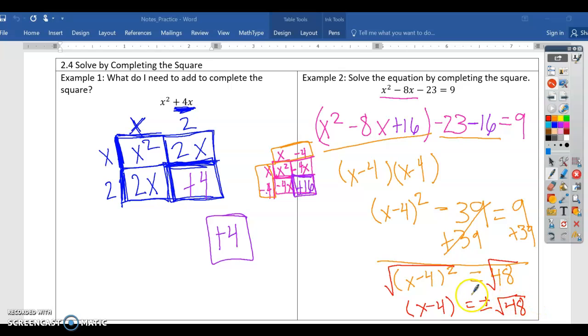Then the last step is to get x by itself. So I'm going to add 4 to both sides. So it's 4 plus or minus the square root of 48. Now we have to know that we can simplify this square root of 48 with a perfect square. Remember, your perfect squares are 1, 4, 9, 16, 25.